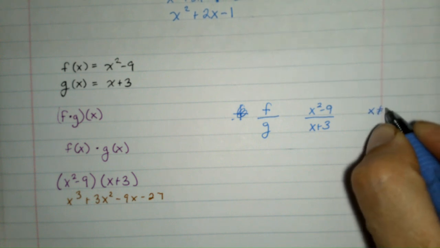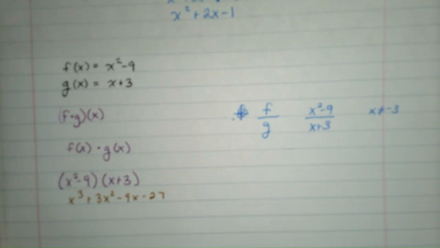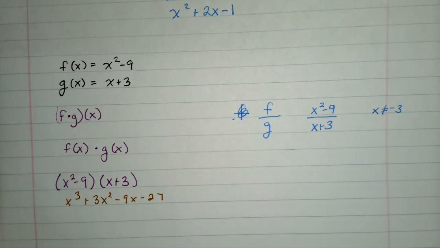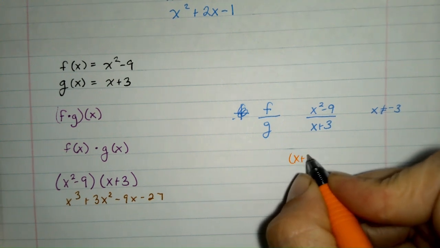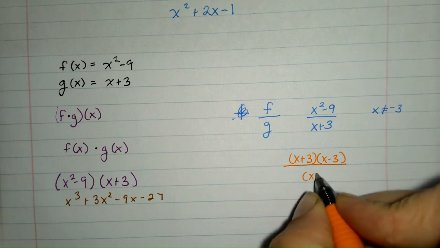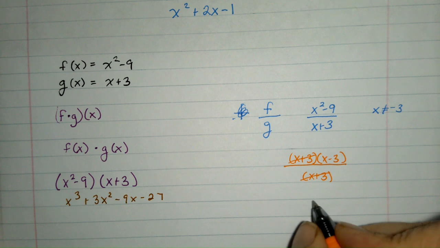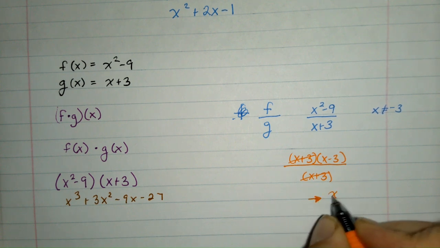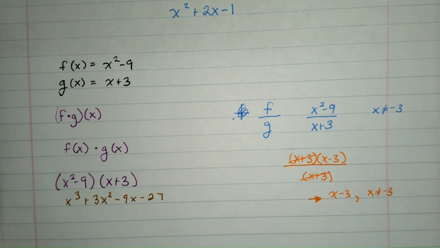So note that x cannot be negative 3. And generally you're either going to long divide or synthetically divide, or in this case I'm going to utilize factoring. I happen to know that x squared minus 9 is x plus 3 times x minus 3, and the x plus 3's will cancel. So f divided by g is going to reduce down to just x minus 3, with a side note that x cannot be negative 3.